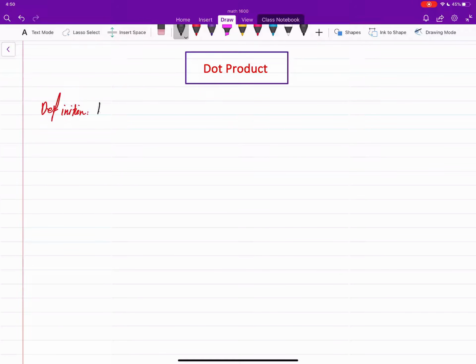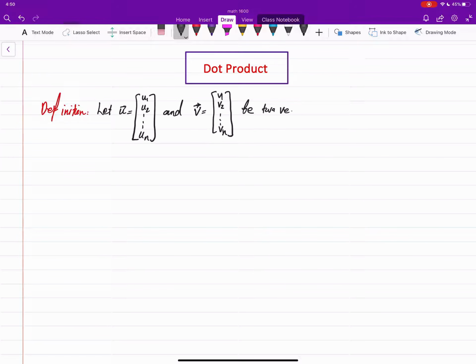So I need two vectors. Let u be the vector u1, u2 up to un, and v be v1, v2 up to vn. They are two vectors with n components, so they are from the Rn vector space.